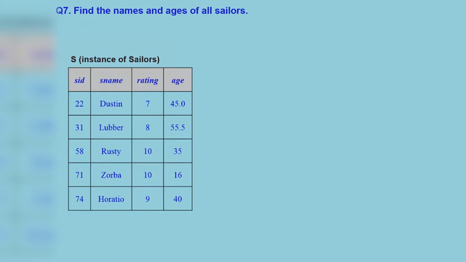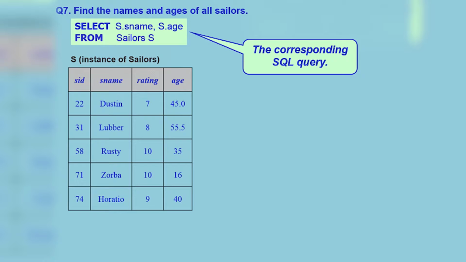Find the names and ages of all sailors. SQL query 7: select S.sname, S.age from sailors S. S, if you remember, is an alias name. The corresponding SQL query.